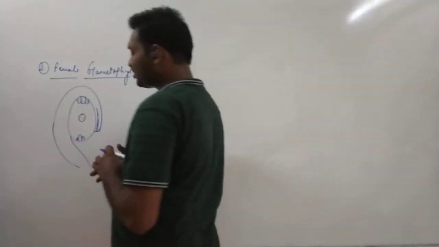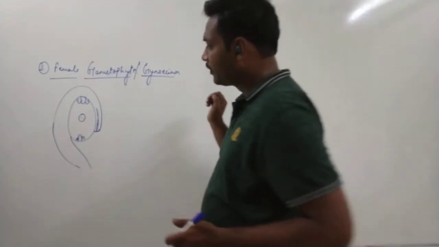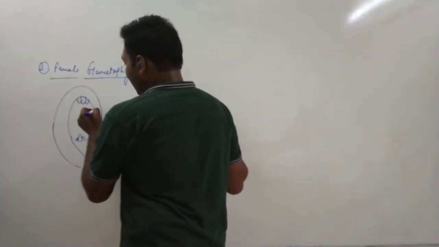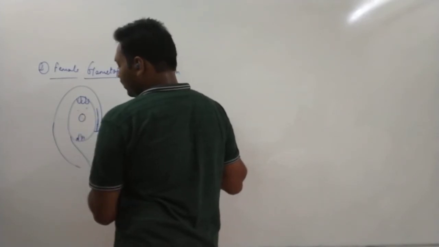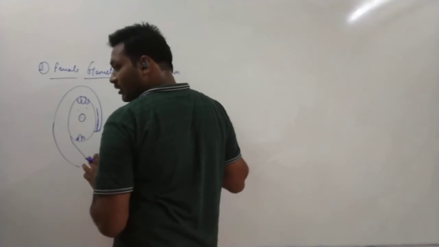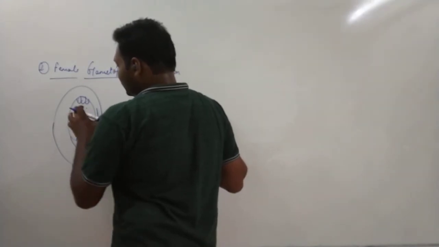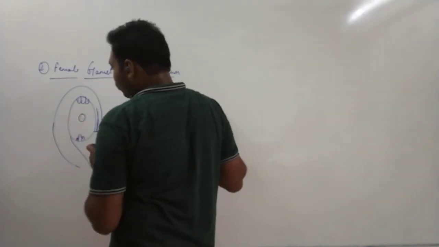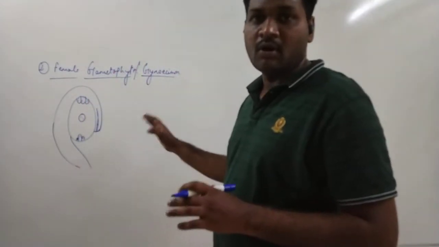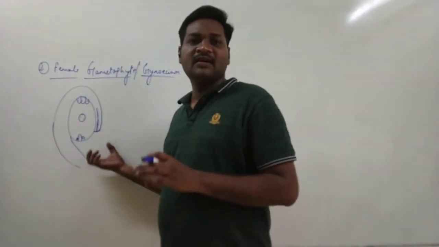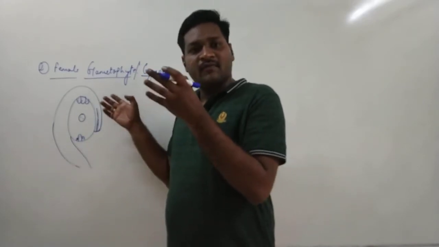Okay, so such a structure is present within the ovary. Okay, this is the embryo sac. Okay, here there will be endosperm. Okay, these are the nuclei, different nuclei. That is the 7-celled 8-nuclei structure.